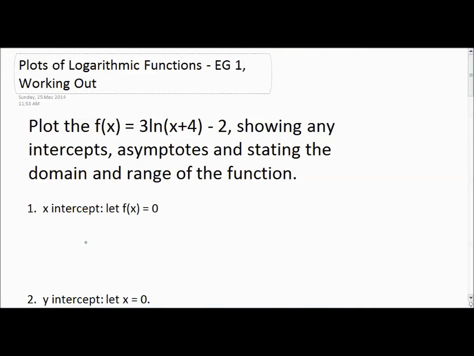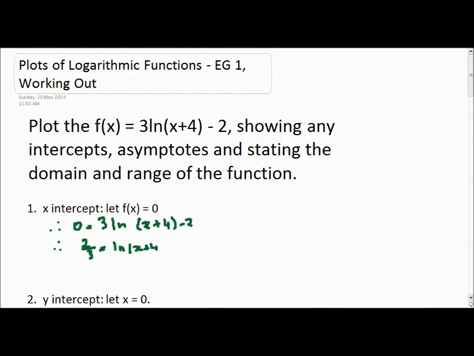Alright, the x-intercept. Well, there's nothing new about finding an x-intercept. You let the function equal 0. So when we do that, we can say 0 equals 3 ln(x + 4) minus 2, and we can add 2 to both sides and divide both sides by 3, so we get 2/3 equals ln(x + 4).